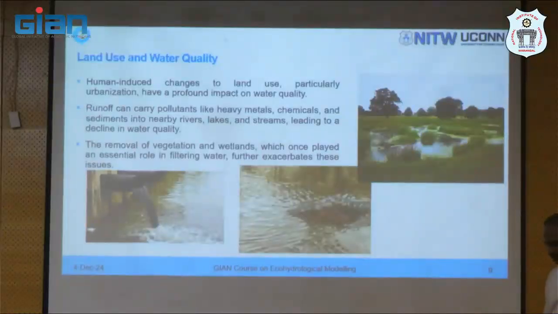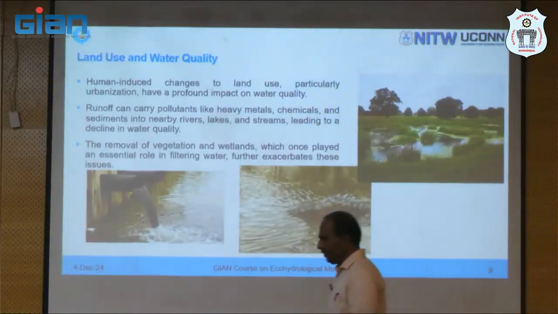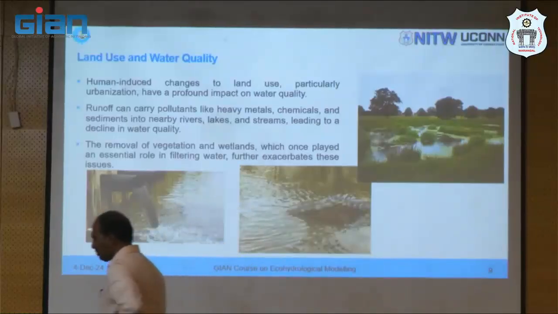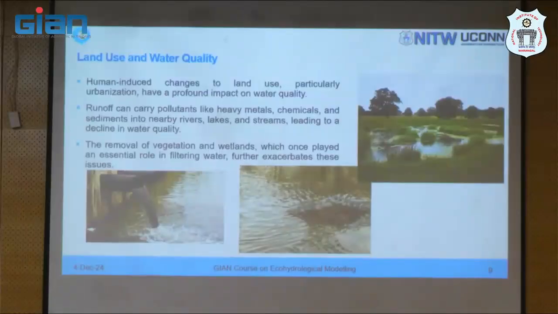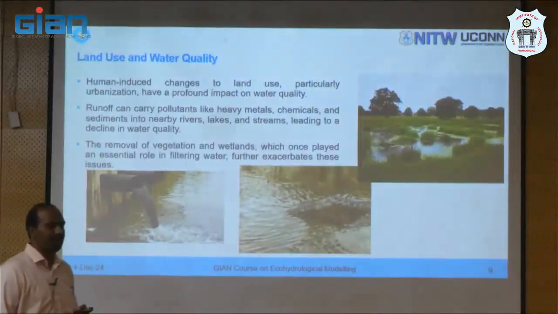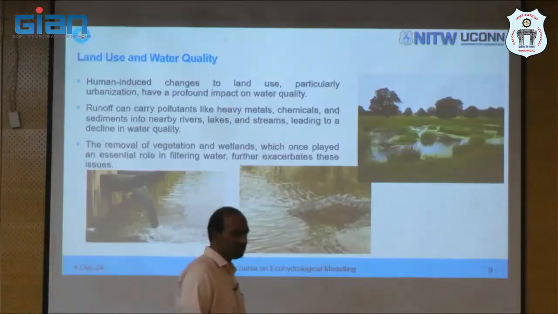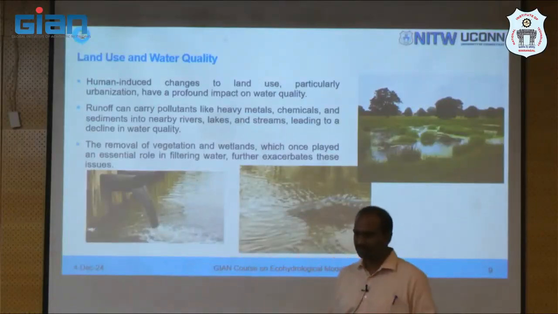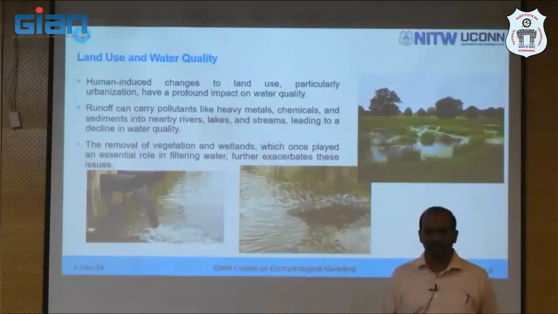Now, coming to land use and water quality, one of the factors is urbanization, right. Urbanization, though it increases the runoff because of more impervious land, also affects the water quality. Now, how does it affect the water quality? Most of our urban areas are dirty. Yes, you walk around, even we are part of the problem, right.